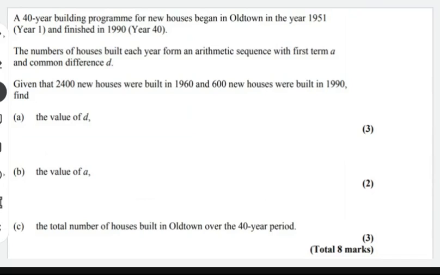But then there's 2,400 new houses in 1960, but then there's only 600 new houses in 1990. Oh, so is it like a decreasing series? So the common difference would be negative. Yeah. That's it.